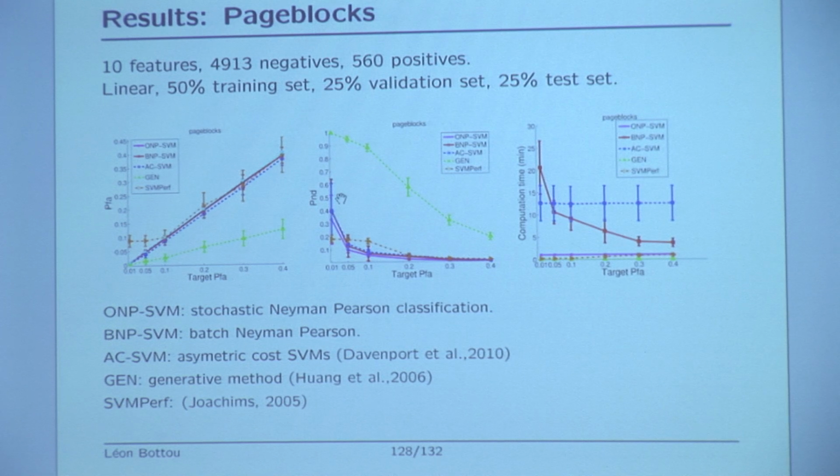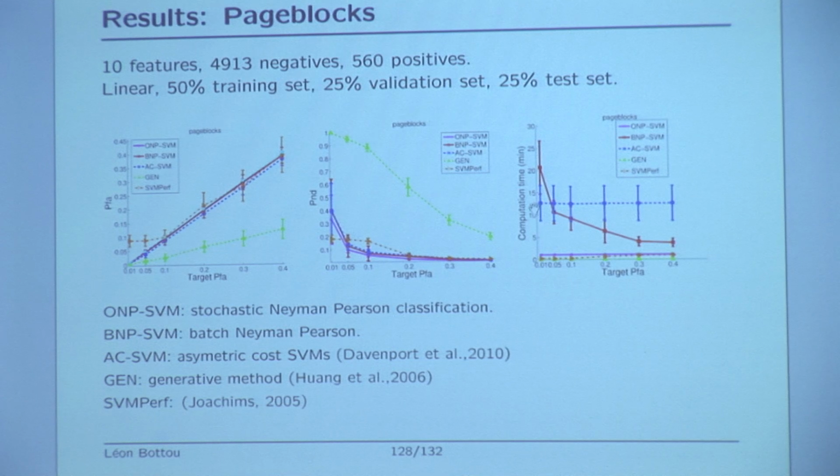Now, if you look at the probability of non-detection, you can see that they're pretty much similar, because it's the same kind of model after all, except for those algorithms that have deficiency in the probability of false alarm, where when the deficiency happens, you get different things, of course. And finally, this is the target PFA and the time.